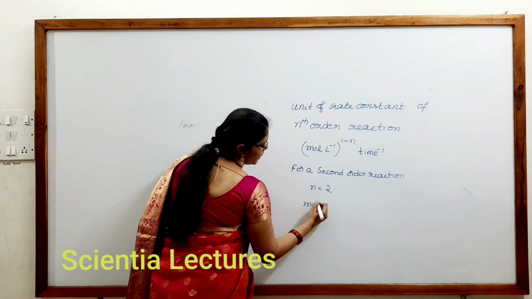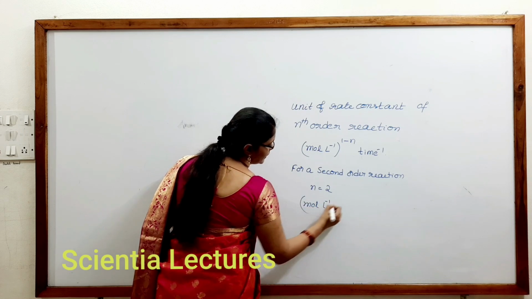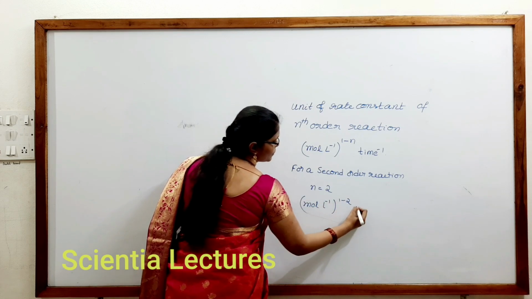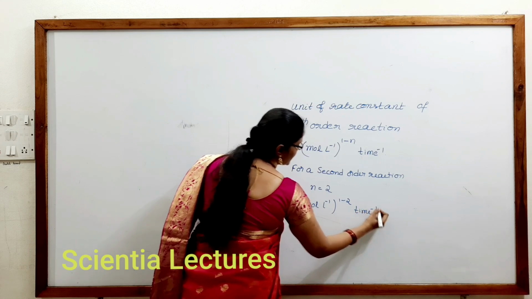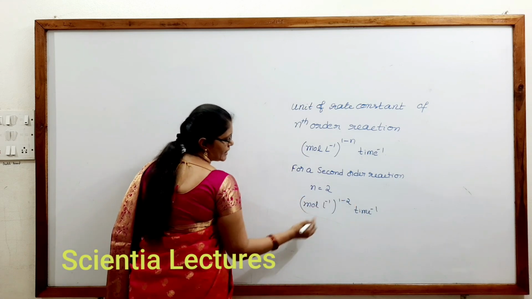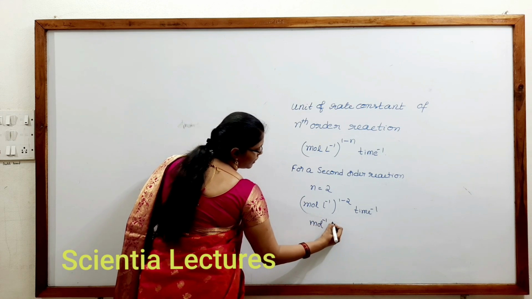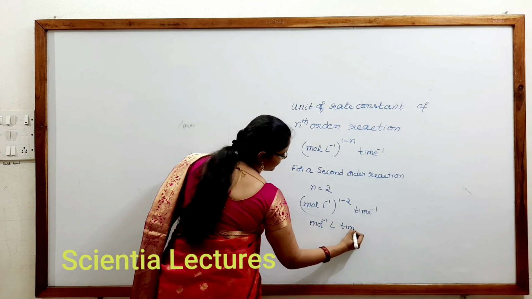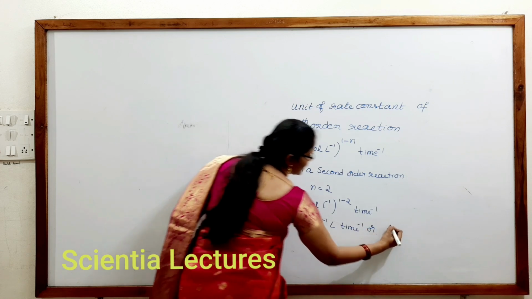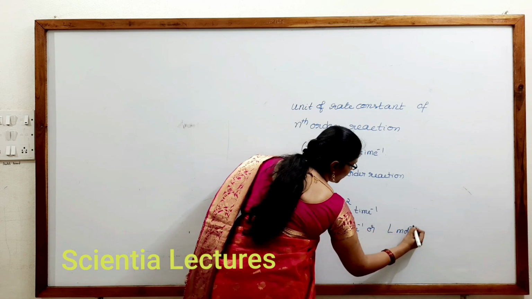Then we will get moles per liter to the power of 1 minus 2 per time. What is 1 minus 2? Minus 1. Minus 1 in the sense this becomes per mole liter per time, or it could be written as liter per mole per time.